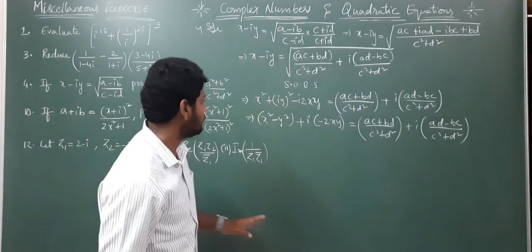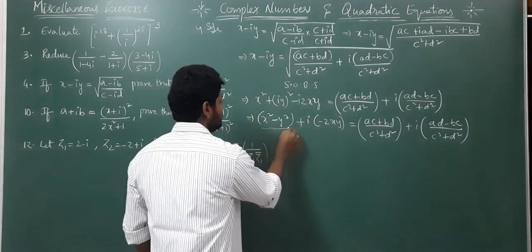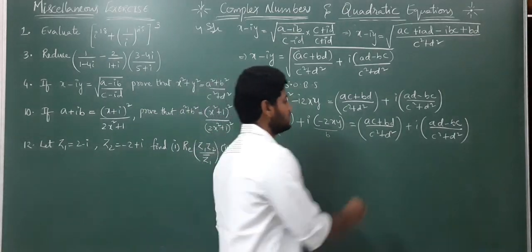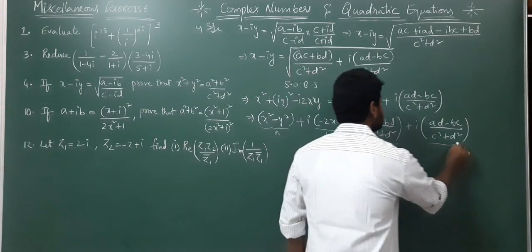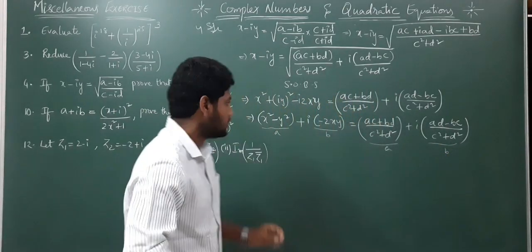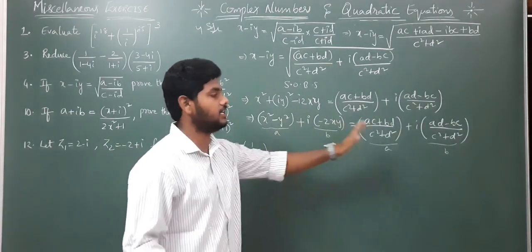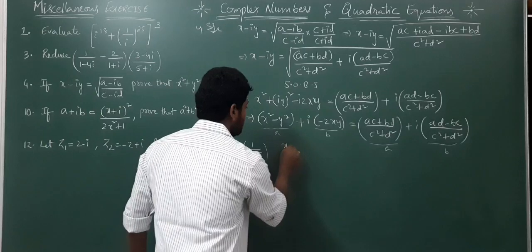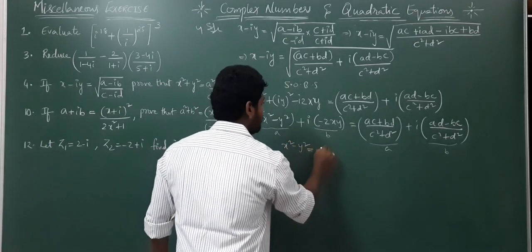If you observe here carefully, this is in the form of A plus iB form. Here RHS is also in the form of A plus iB form. See, if both are in the form of A plus iB, we can equate these two. X square minus Y square, what we got?